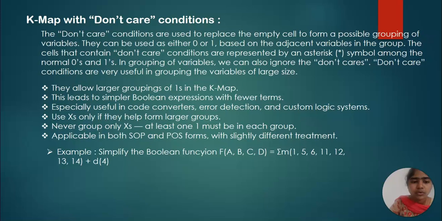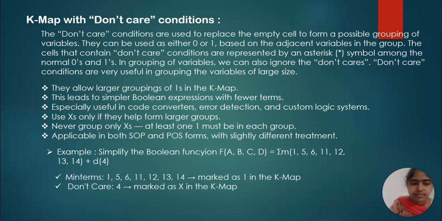Here we have to write X in the fourth place. The minterms are 1, 5, 6, 11, 12, 13, 14. We mark them on the K-map. Don't care the d and ignore the fourth.